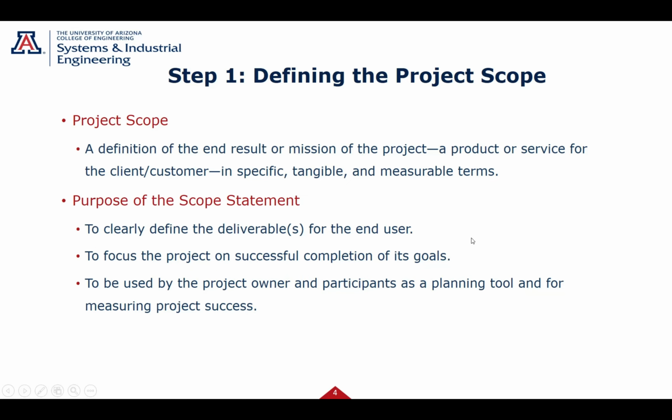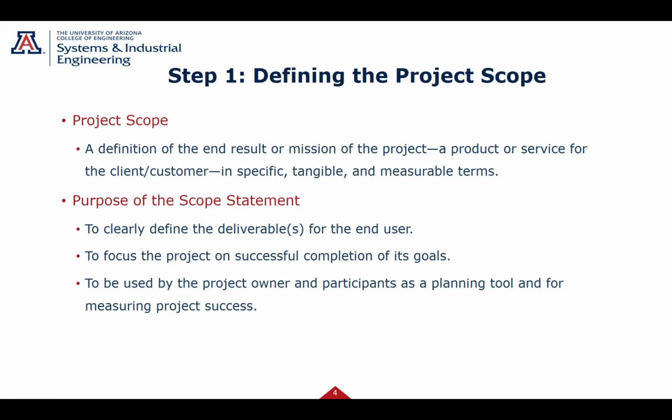And that may be usually a product, but it might be training manuals. It might be supplies that go with that product. It might be many other things that go with it. What is the definition of the project? We want to be able to focus on successful completion of those goals. And this is used by everybody as a planning tool and a measuring tool.